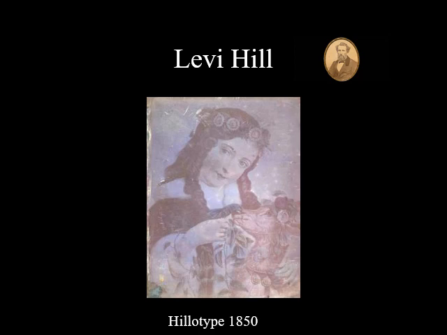So the first process, the Hillotype, invented by Levi Hill, was essentially a daguerreotype, for the most part, the straightforward black and white photography, but he starts to play around with injecting dyes and pigments into the chemistry to achieve a photograph in color.